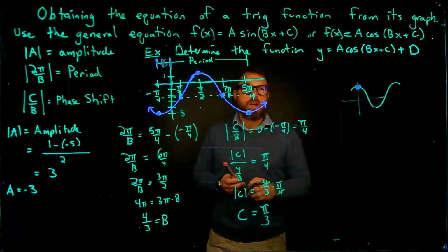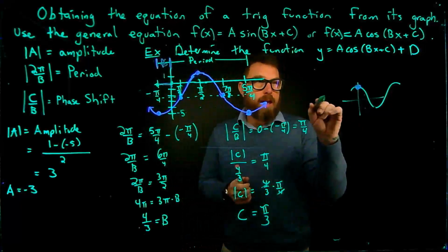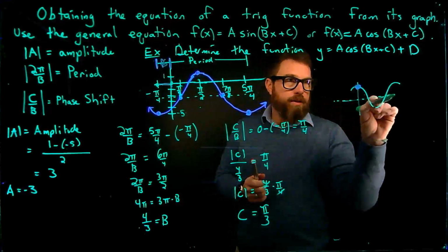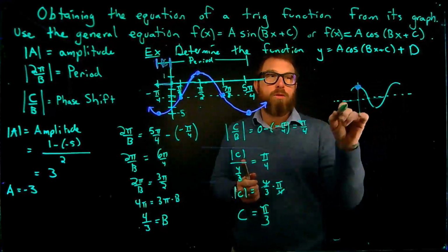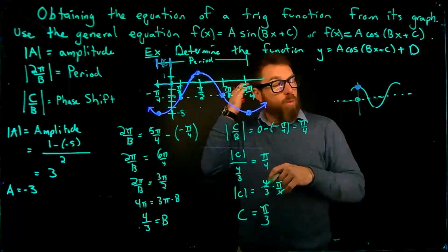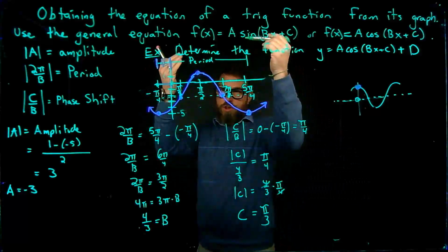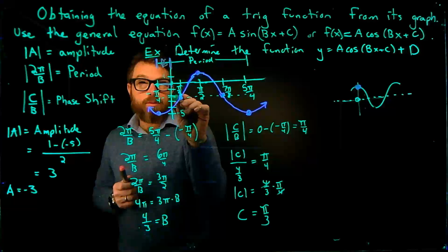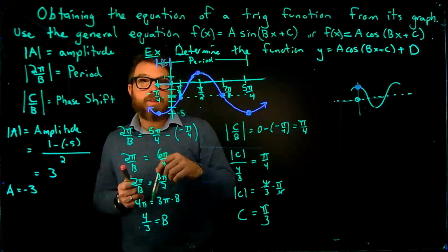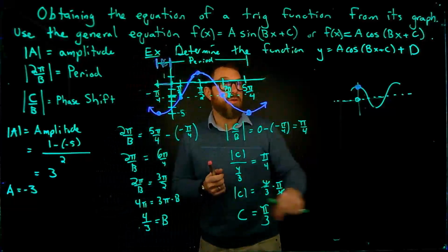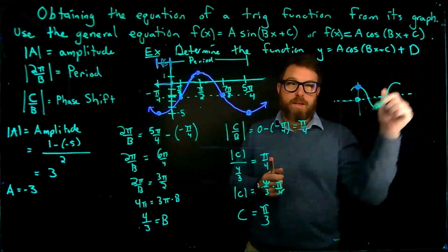And last, when we talk about that d, remember that the normal midpoint of this function sits right on the y-axis at 0, and this thing has been shifted. We can see down to here, so I can tell it's been shifted down 2 units, which means my d is going to be equal to -2.